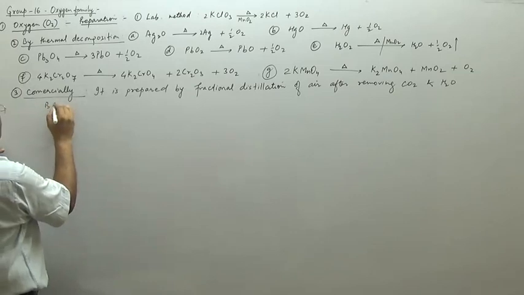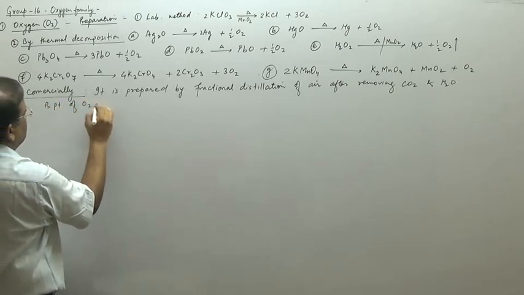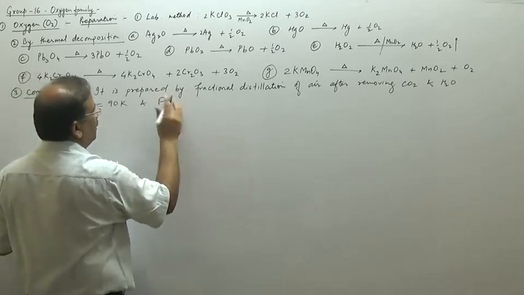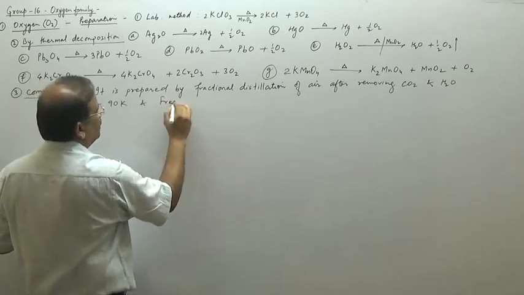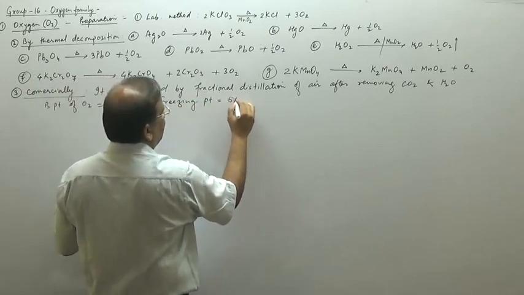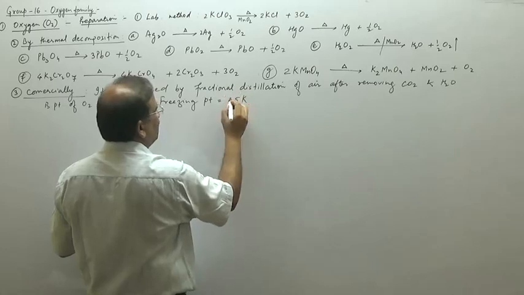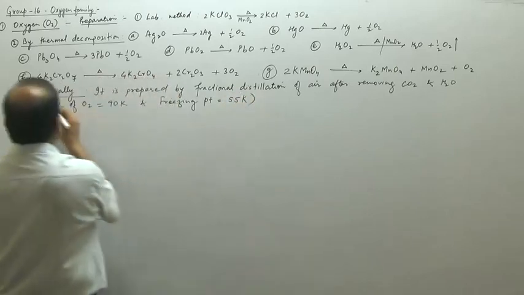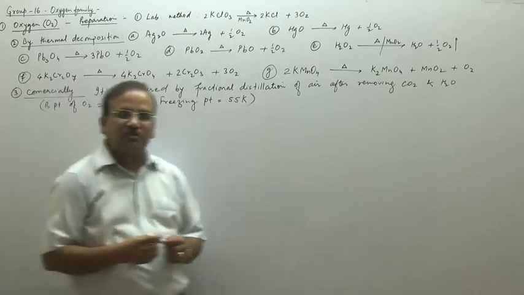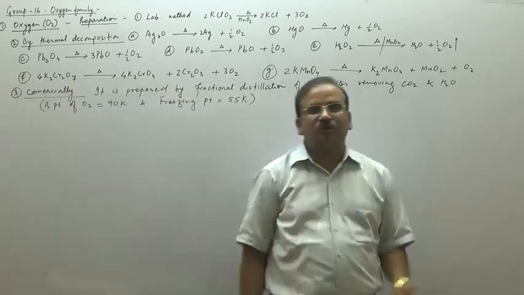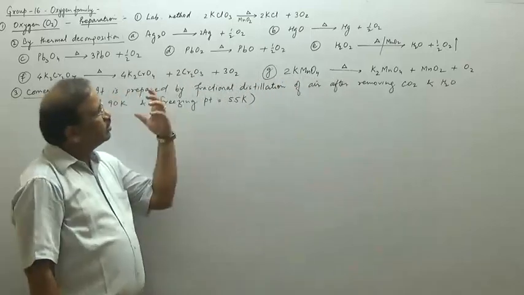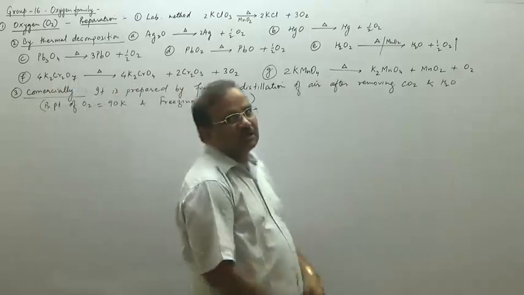So it can be easily fractionally distilled. That is how we can prepare oxygen by the fractional distillation of air after removing the CO2 and H2O.